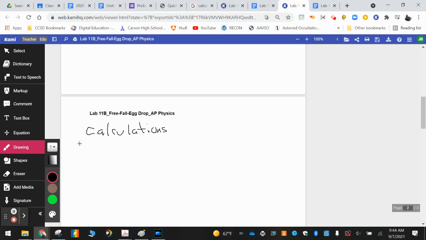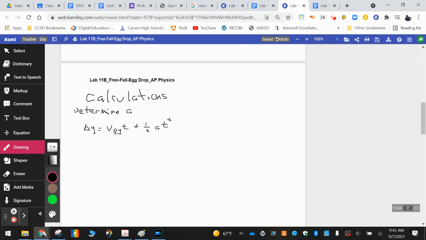So calculations. One calculation is to determine acceleration. We will make use of delta y is equal to v0y t plus 1/2 a t squared. We'll use this equation to determine a. What's given is that we know v0y is 0.